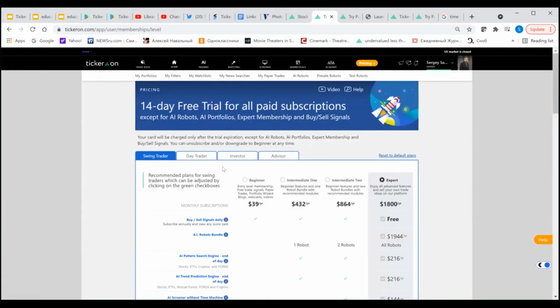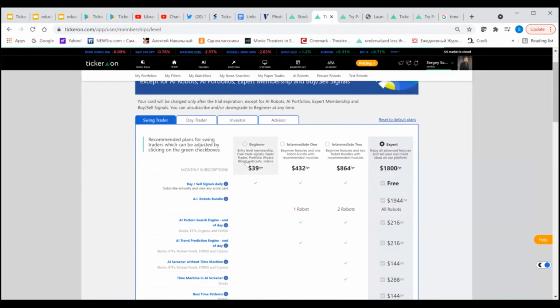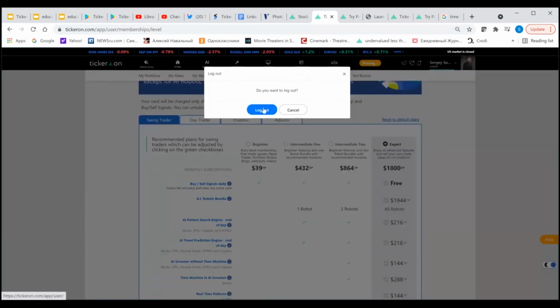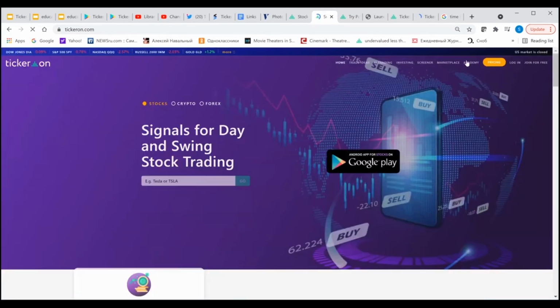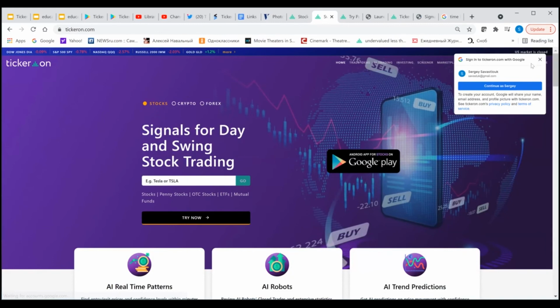The way the bundle works is as follows. Now I have to log out, otherwise it's an annual subscription I have, which gives quite a big discount on the annual subscription.